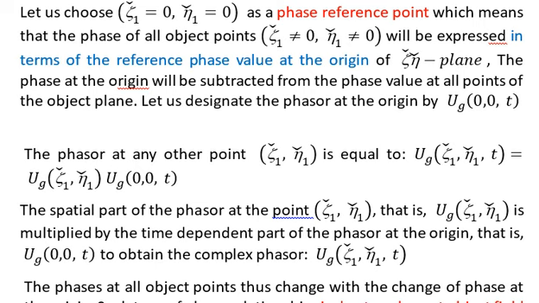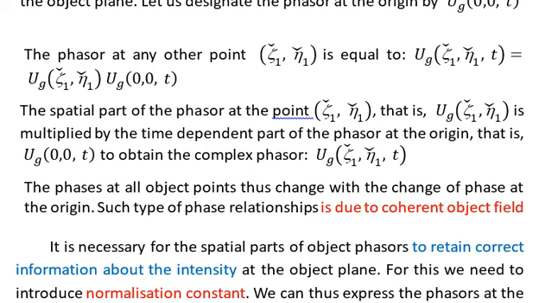Here we are writing down the phasor at the point zeta 1 and eta 1, and we are including the time dependent part from the origin, so that we can reference the phase at this point with respect to the origin. The spatial part of the phasor at the point zeta 1 and eta 1, that is UG of zeta 1 and eta 1, is multiplied by the time dependent part of the phasor at the origin, that is UG of 0, 0, t, to obtain the complex phasor.